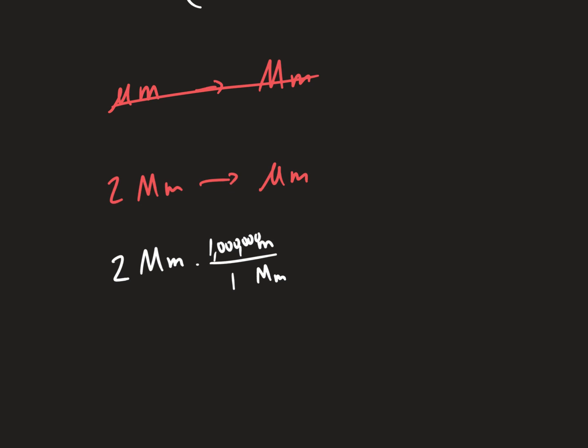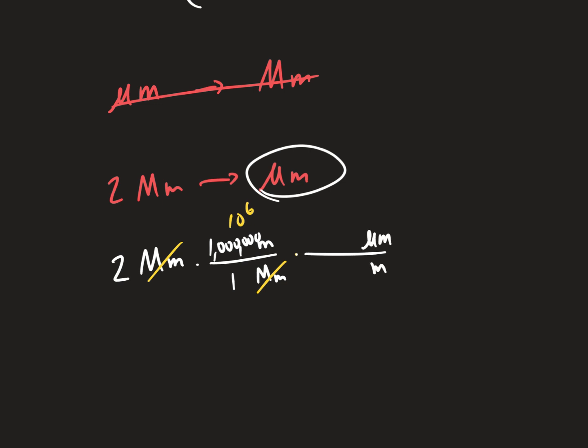Or we could do 1 meter to 10, no, that's how we'd do it. We'd do 1 megameter, 10 to the positive 6, right? Either one, okay? So that goes away, and we're not to micrometers yet, so we keep going.